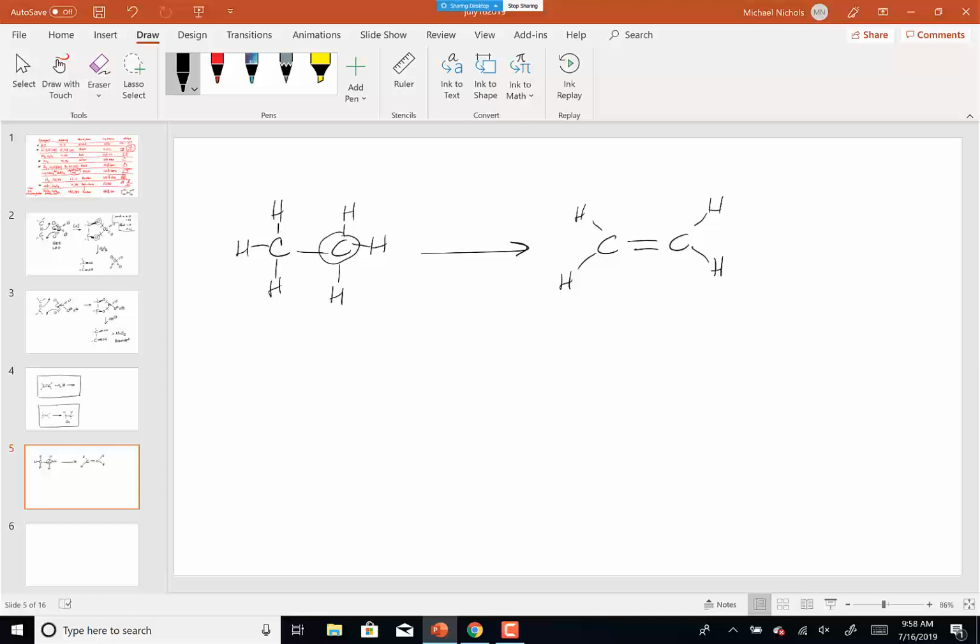What kind of reaction is that? Oxidation or reduction? What?